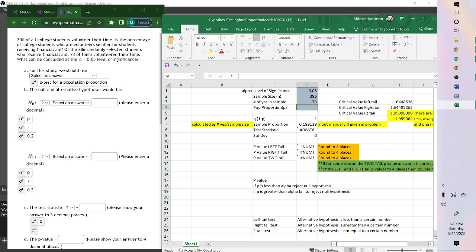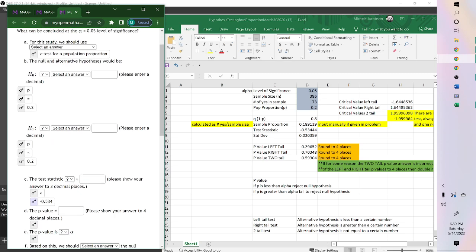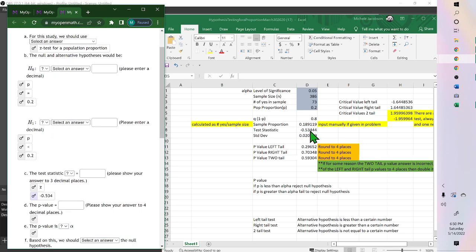And population proportion, that comes from your null hypothesis. That's the 0.2. Test statistic, right here, the negative 0.534.